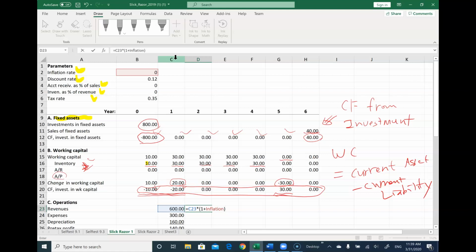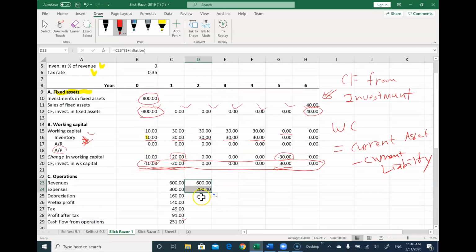Okay, so the revenue in year two will be 600 million times 1 plus the inflation rate. Okay, and the cost will be the same.